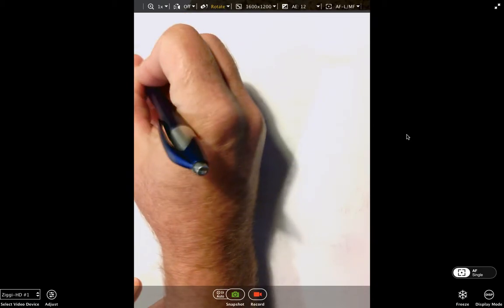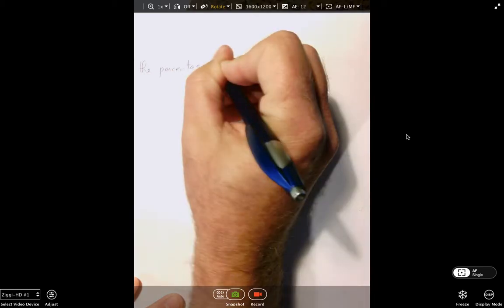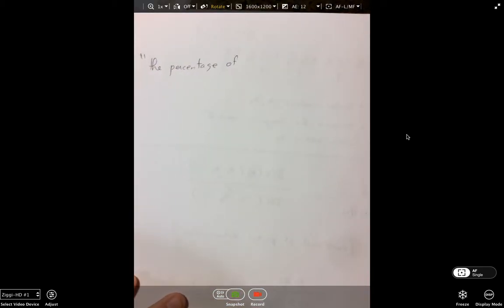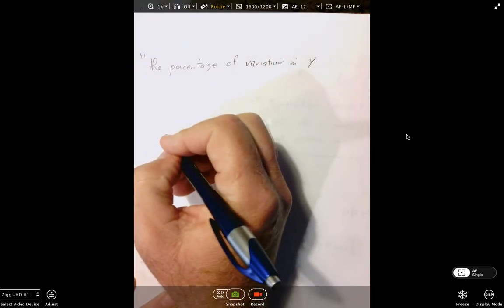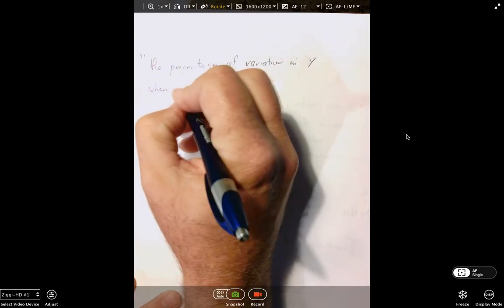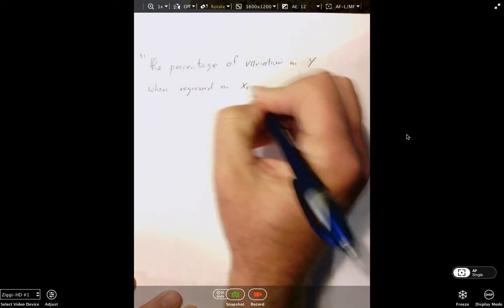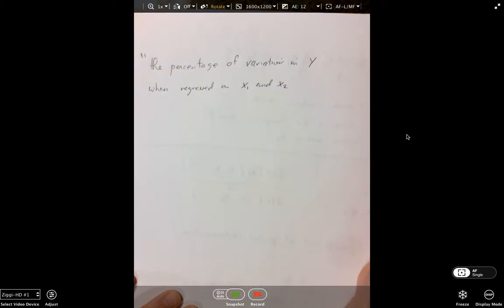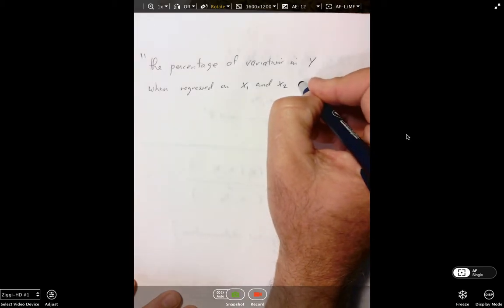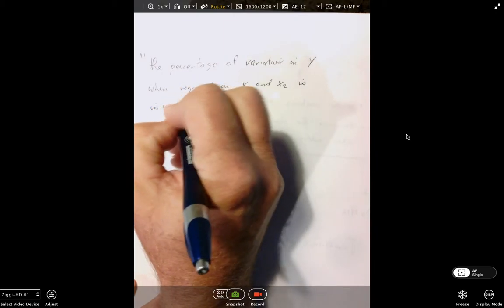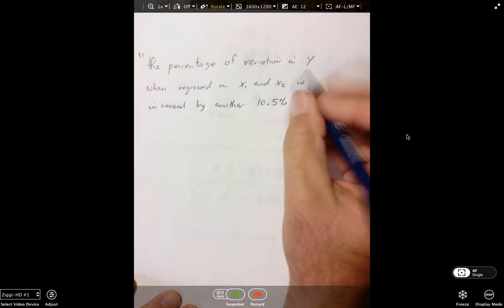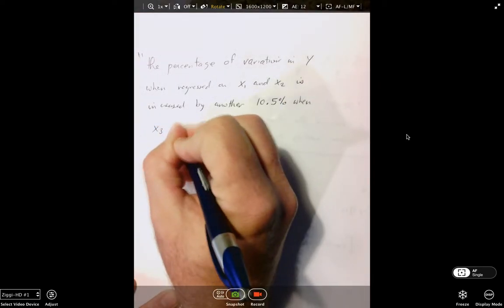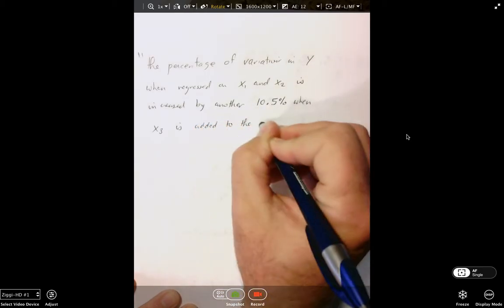So I could say that the percentage of variation in y when regressed on x1 and x2, and remember x1 and x2 are just tricep and thigh, is increased by another 10.5% when x3 is added to our model.